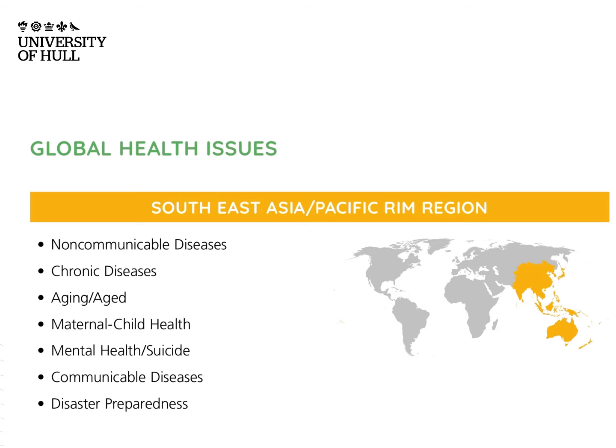These were the issues, and that's in order of priority. Of course, the priorities are quite close together. We're not saying that disaster preparedness shouldn't be paid any attention because it's low down. It's one of the priorities that needs to be addressed in this region.